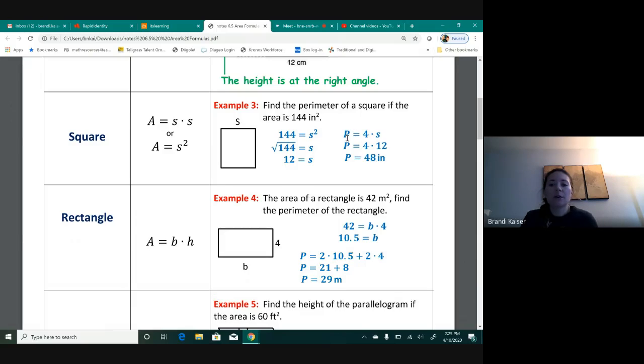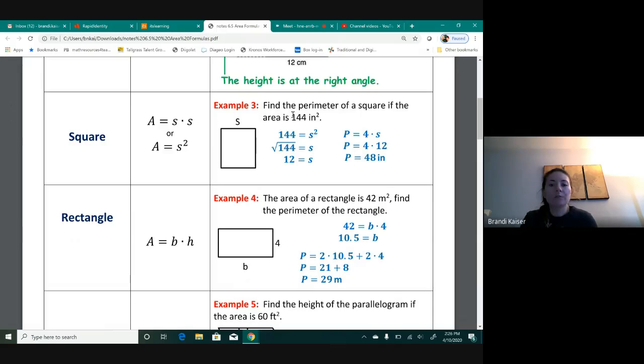In order for us to find perimeter, remember, perimeter, you're adding the sides together. Well, if every single side is 12 and there's 4 sides, you could also do 4 times the side. So 4 times 12 would be 48 inches. Notice this is perimeter. Perimeter is not in square units. It's always in single units. So this is just 48 inches. That would be the final answer for that problem.